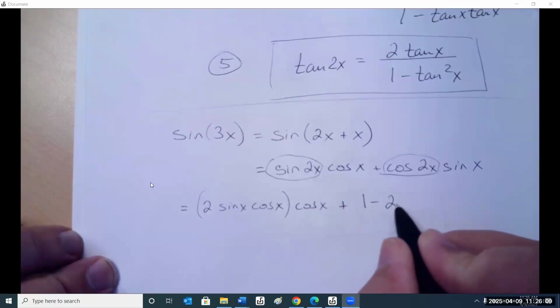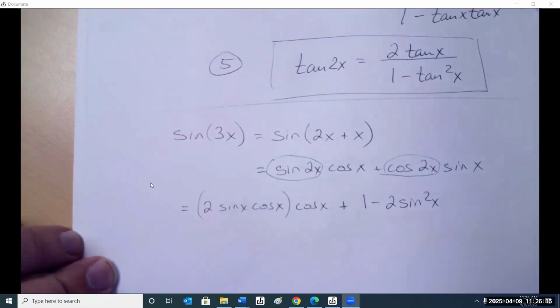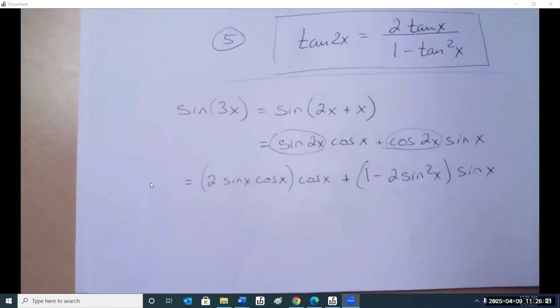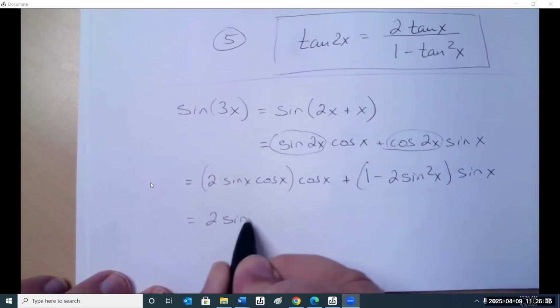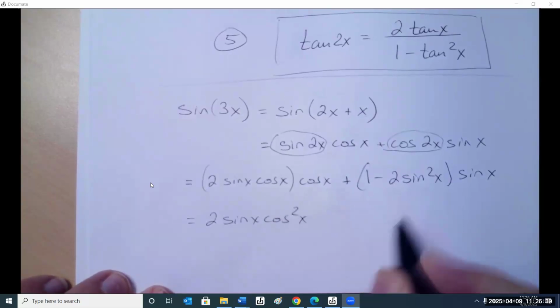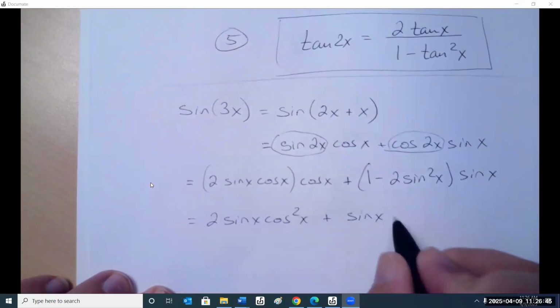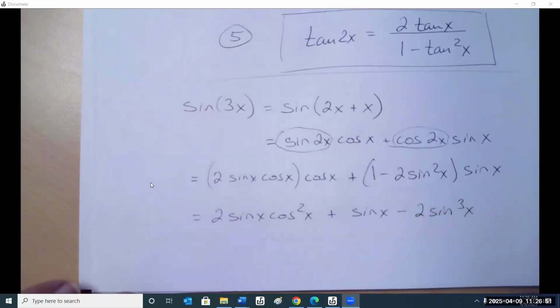So it's 1 minus 2 sine squared x. We can use any of them, but we're just choosing based on what we have next to them already. So then we have 2 sine x cosine squared x plus sine x minus 2 sine cube x.